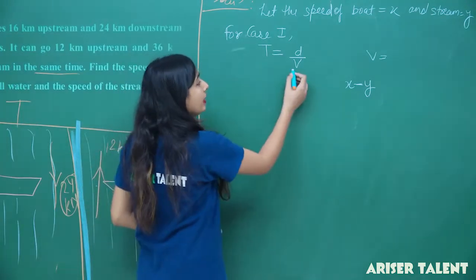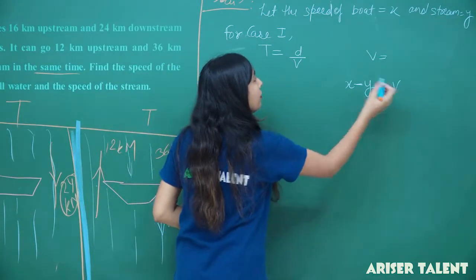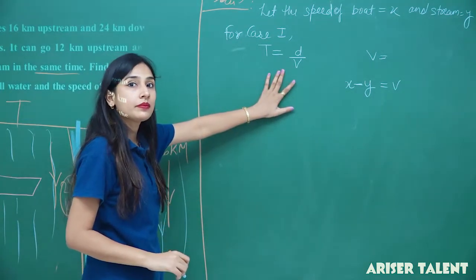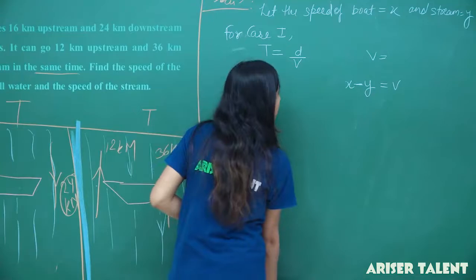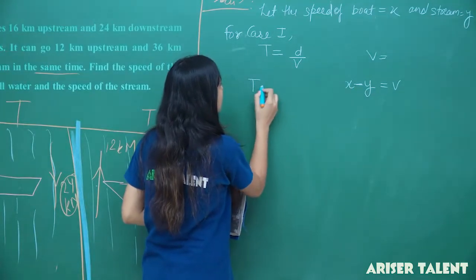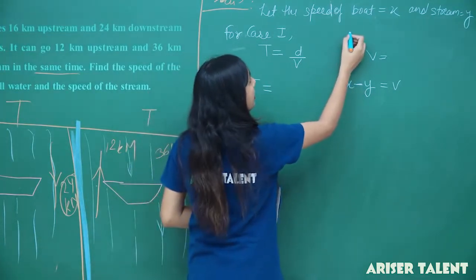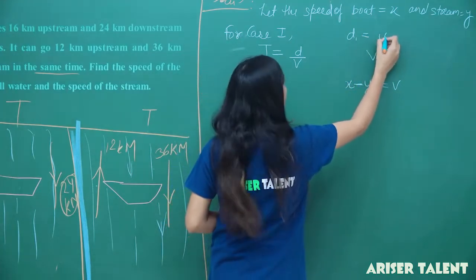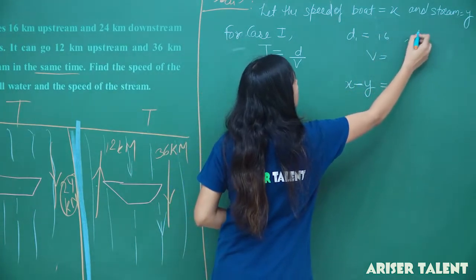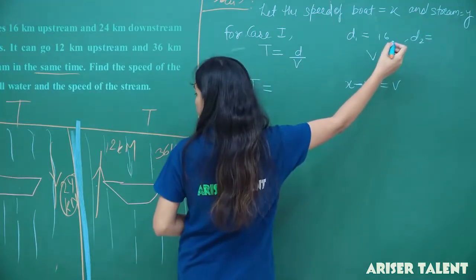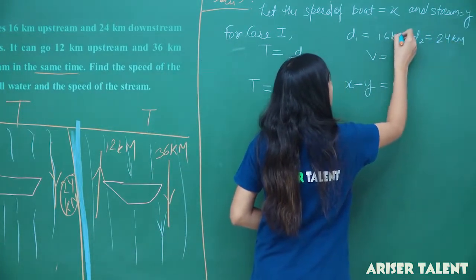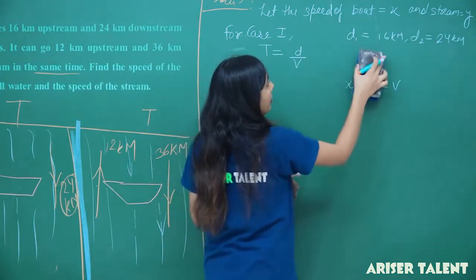So that will be value of our v. Now the distance is given, which is d1 in this case is 16 kilometers and d2 in this case is equal to 24 kilometers, right.